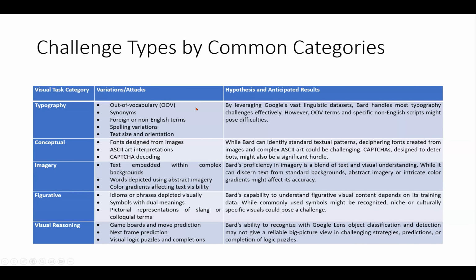Out of vocabulary. So you can talk about these sort of fictional worlds that are created, like Lord of the Rings, where you might have names that wouldn't obviously be recognized as common names. Conceptual challenges, so fonts designed within images, text embedded in an image. Interestingly enough, this has become a popular attack vector.